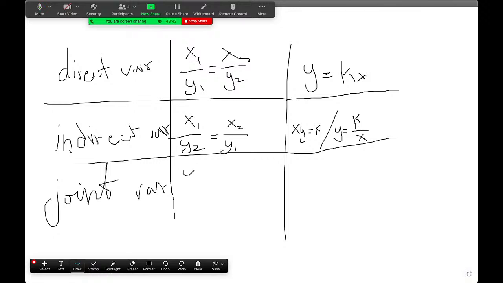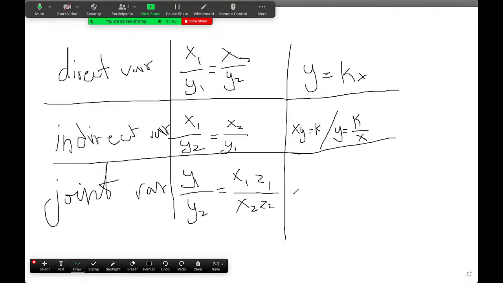So it's y1 divided by y2 is equal to x1 divided by x2, but then you also have z's. So you have z1 divided by z2. And yeah, that's pretty complicated.